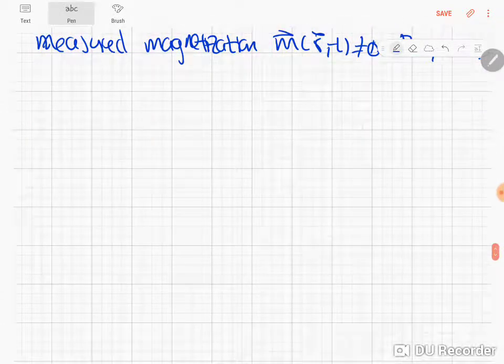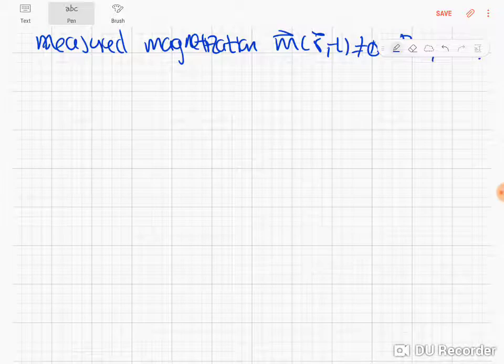The last example that I can give you is, for instance, when you polarize a material with an electric field. Let's say that you apply an electric field to a material using just a voltage source that produces an electric field.